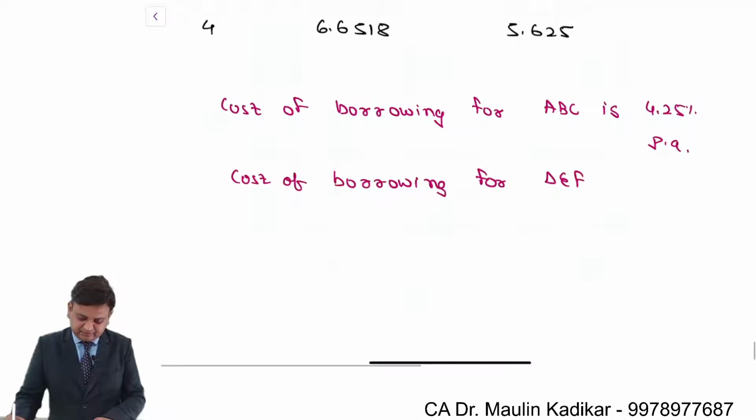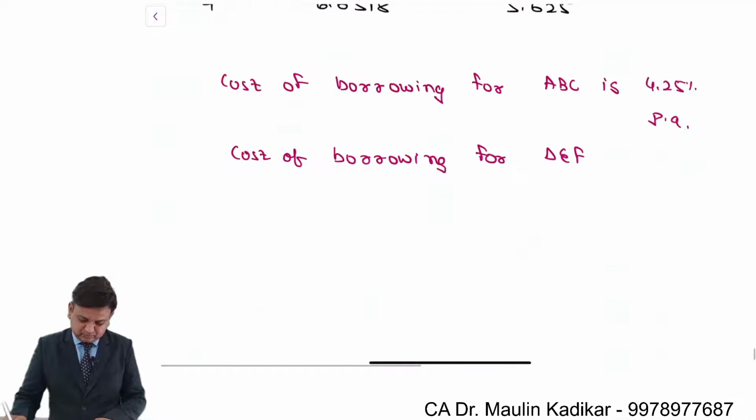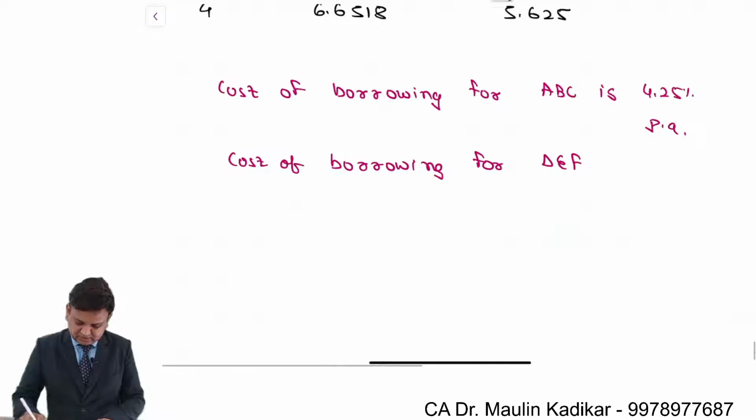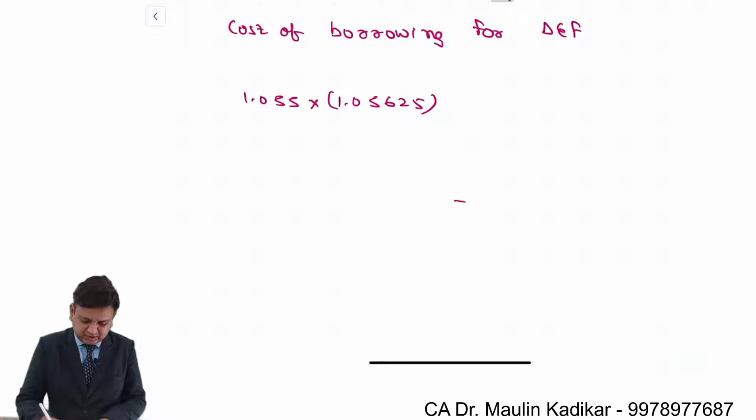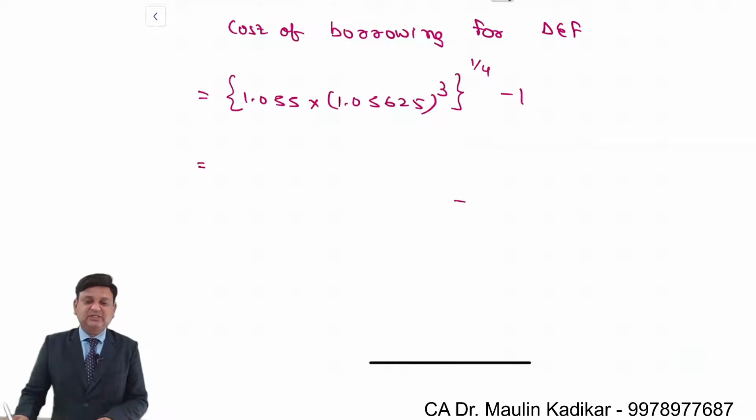In the write down, it is 1.055 into 1.05625 raised to 3 whole raised to 1 by 4 minus 1. This is the way we have to compute the answer.